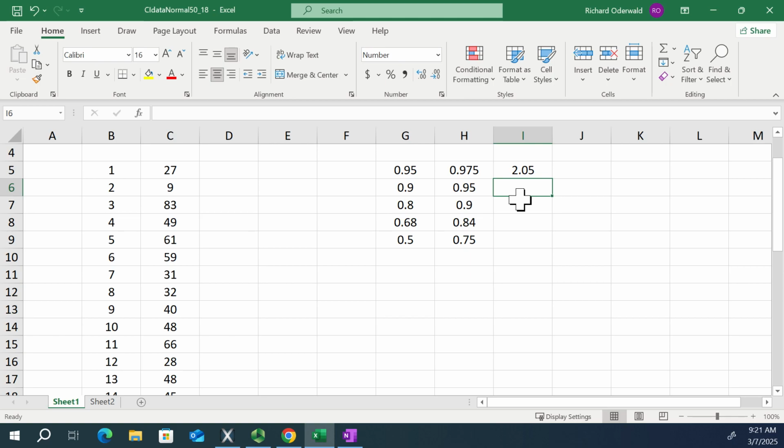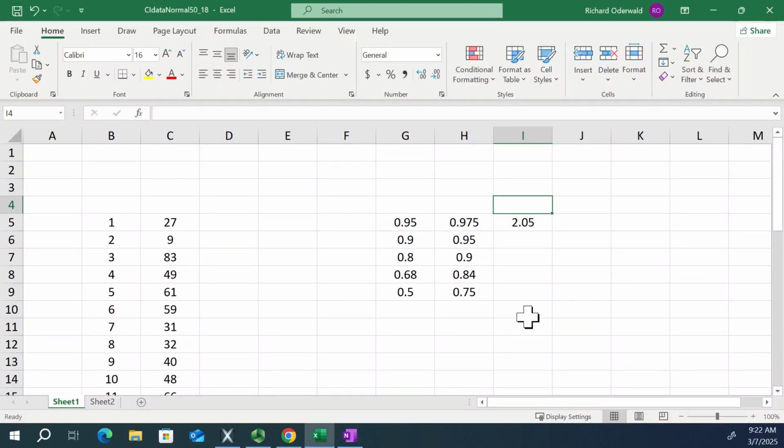Because it's a t distribution, it's a little bit wider, so we get a little bit more than 2. So this is the t value we need. And if we copy this down, what's going to happen to the t values as my intervals get narrower?